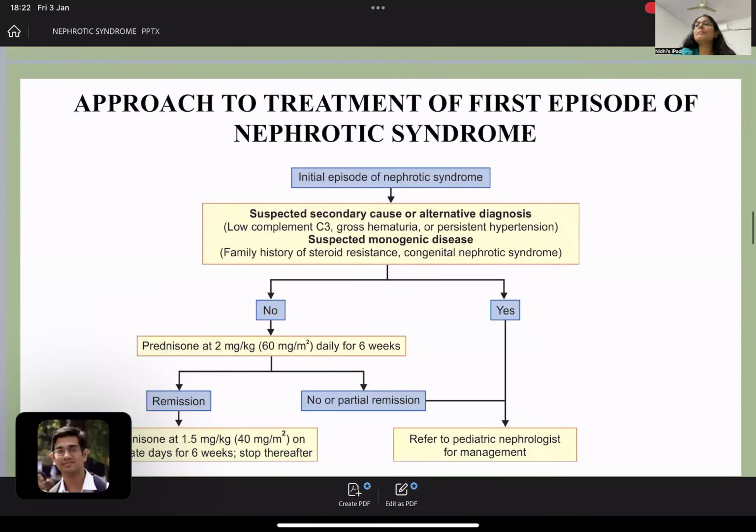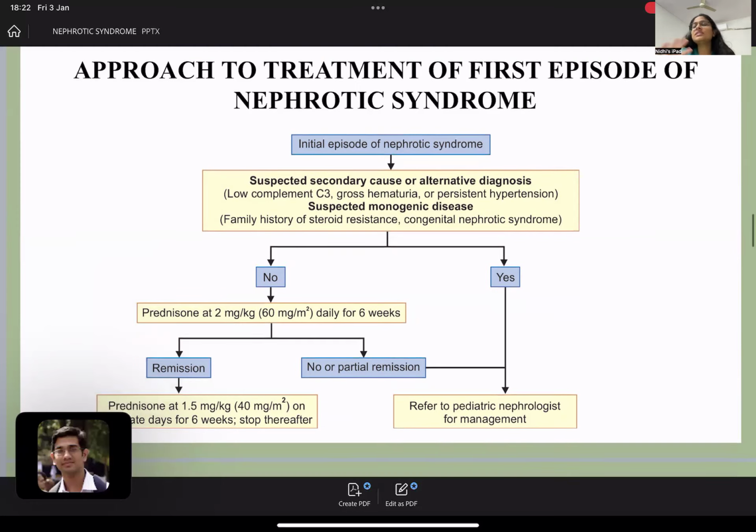Now, what is the approach to the first episode of nephrotic syndrome? This is where you can revise your definitions for steroid dependence and steroid resistance. If there is an initial nephrotic syndrome, we will get all the investigations done that we had already discussed.